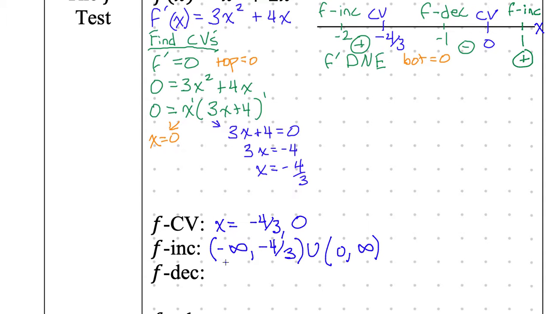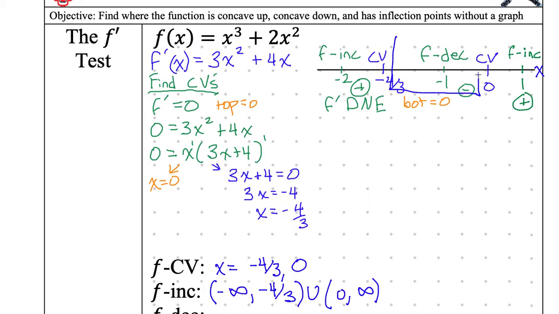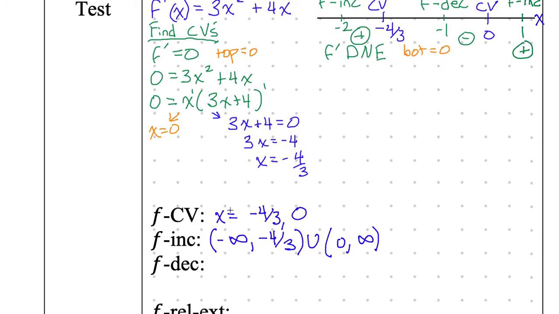Sego, can you do where it's decreasing? Where is our function decreasing? So it's decreasing between here and here, right? So what two critical values should I be bordered by? Negative 4/3 to 0. There it is.